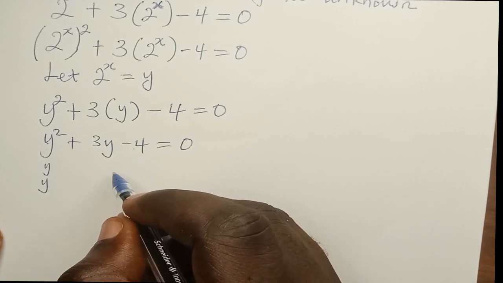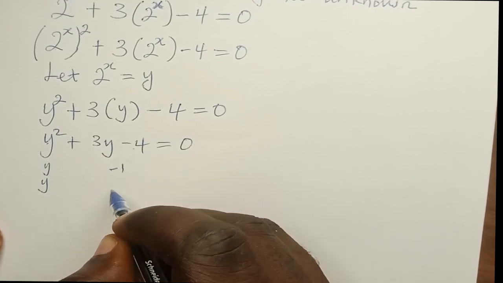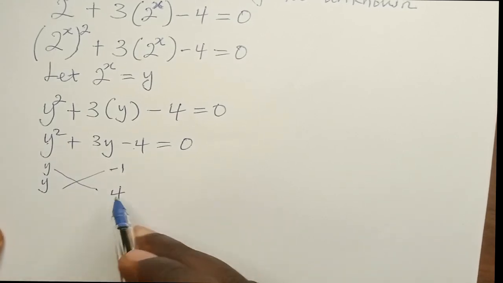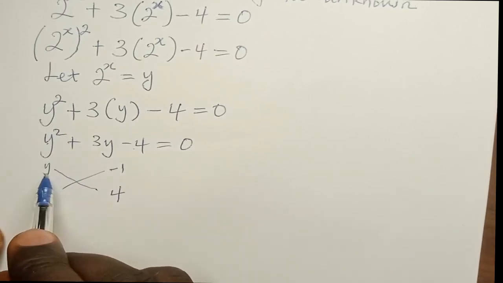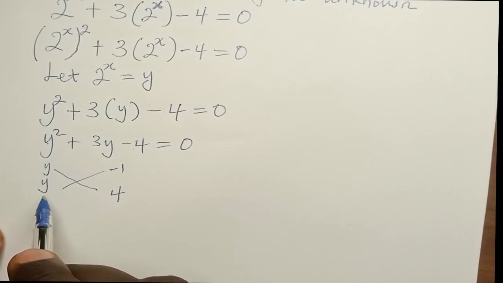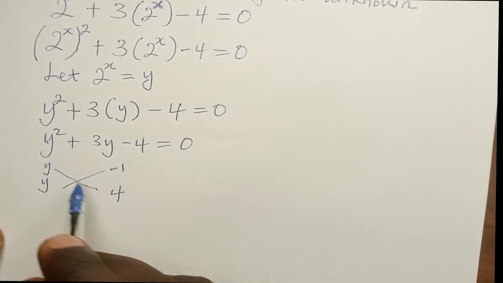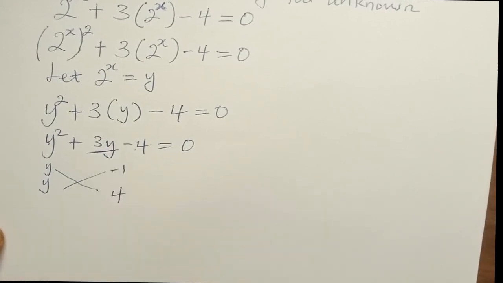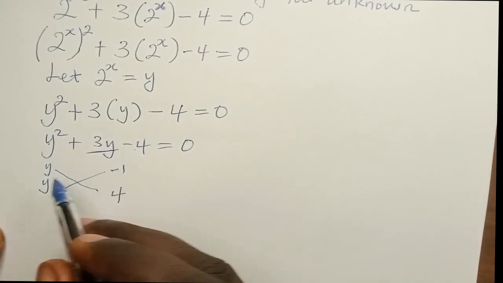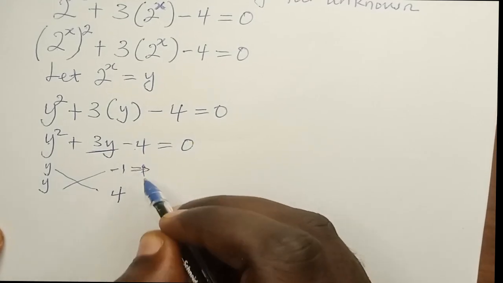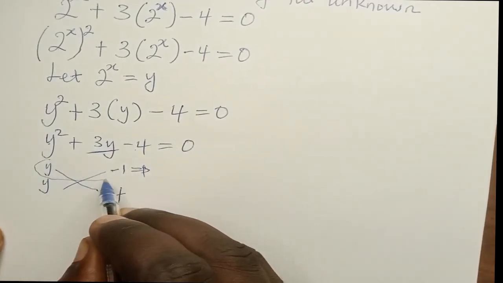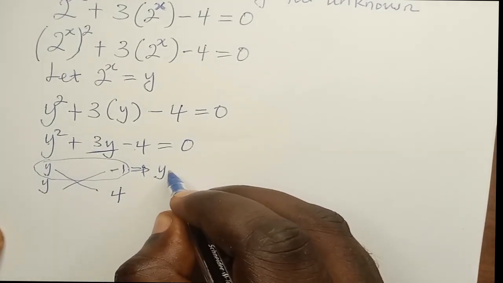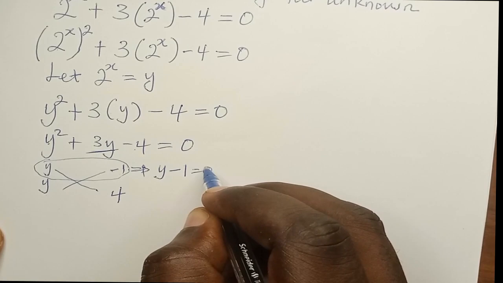We are going to have minus 1 and 4, so that if we do like this, 4 times y is going to give us 4y, plus y times minus 1, that is 4y minus y, is going to give us 3y. If it gives us the center, then of course this expression, this first line here, y minus 1 is equal to 0.